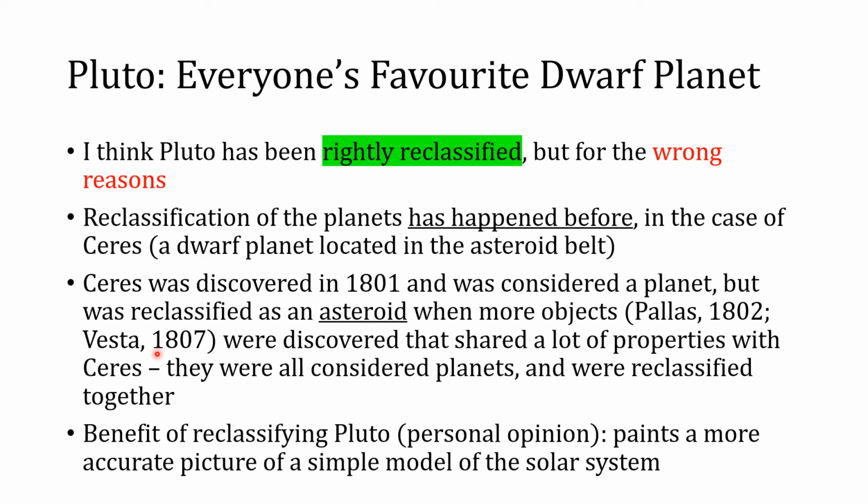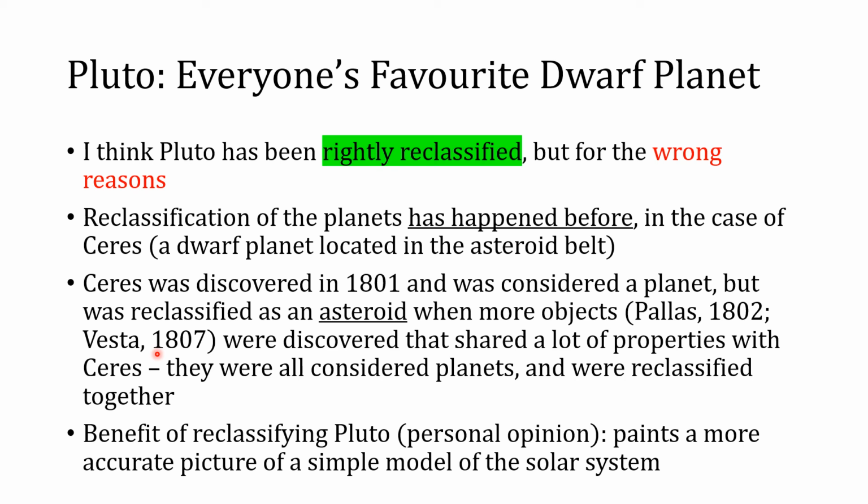You've got Mars on one side, Jupiter on the other side, and then you've got these 4, 5, 6, 7, 8, who knows how many that they ended up finding before they reclassified. You have Ceres, Pallas, Vesta. They're all really small, they all orbit in the same area, and as you start to find more and more of these, you start to think, well, maybe all these things between Mars and Jupiter aren't planets. Maybe they're all something else.